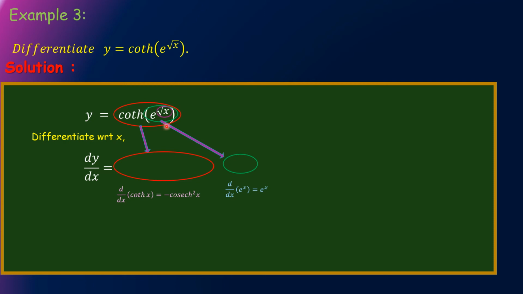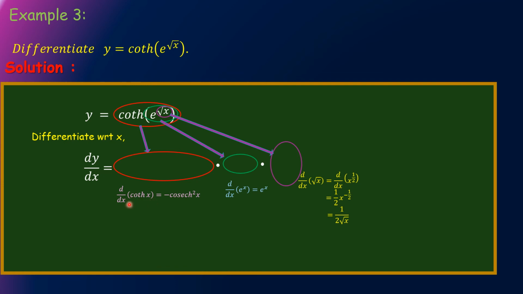And then we prepare the space for when we differentiate root x. And in between must be a multiplication. Then when we differentiate cosech of e root x, we can refer to the formula for the derivative of cosech x.